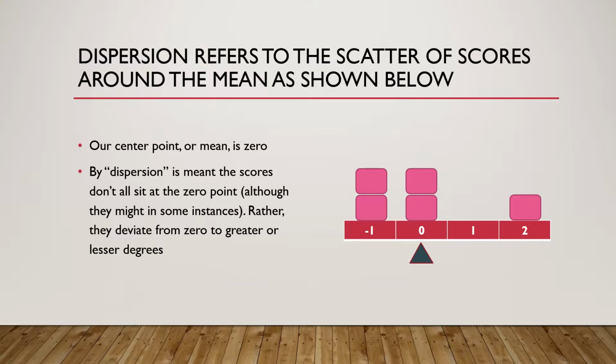Dispersion refers to the scatter of scores around the mean, as shown below to the right. Our center point, or mean, is at 0. By dispersion is meant that the scores don't all sit at the 0 point, although they might in some instances. Rather, they deviate from 0 to a greater or lesser degree, and we want to be able to characterize that degree of dispersion.